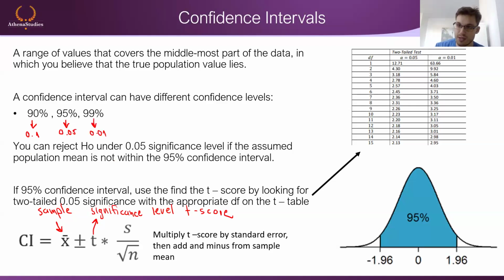Or, of course, if they are two-tailed, we need to divide these percentages into two. So if they're two-tailed, they're going to be 0.05, 0.025, and 0.005. Just so we have these three values that are given to us.